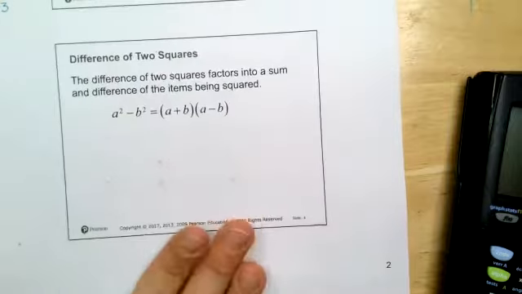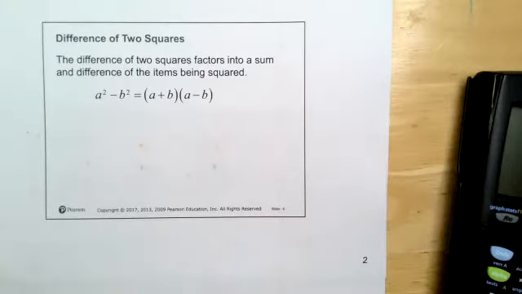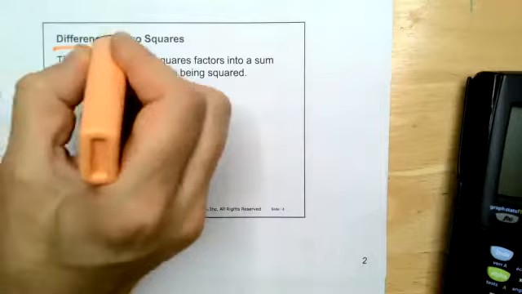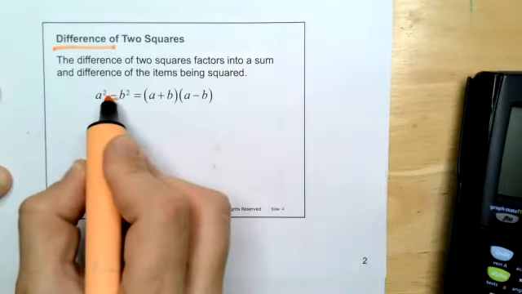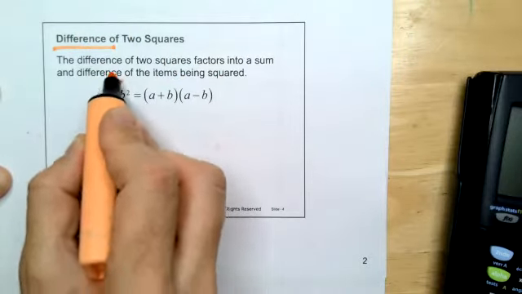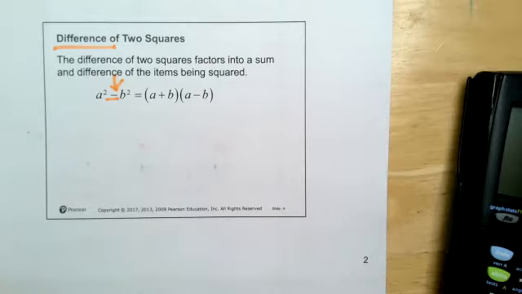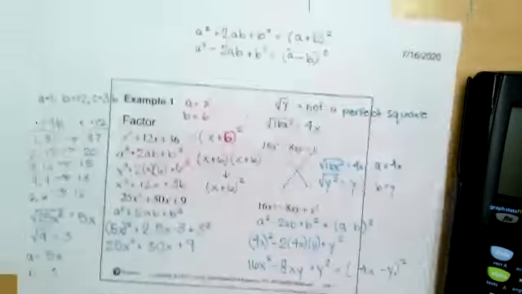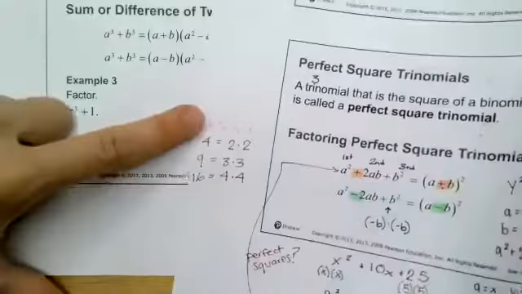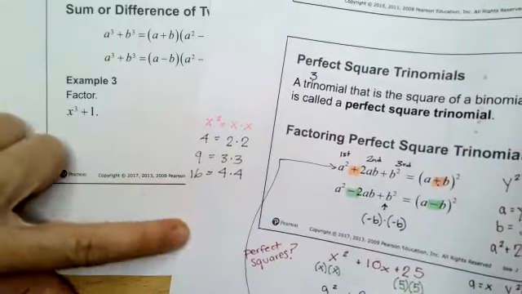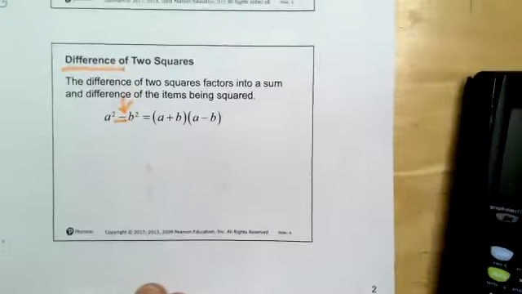Okay. Next one is called the difference of two squares. Difference is the name of it. That is the difference. Difference means subtract, okay? The difference of two squares, so just like we talked about the perfect squares, you can just list them: 4, 9, 16, 25, 36. Okay.